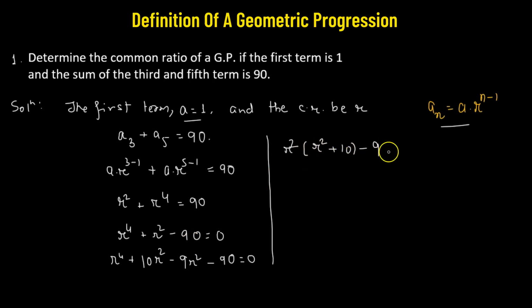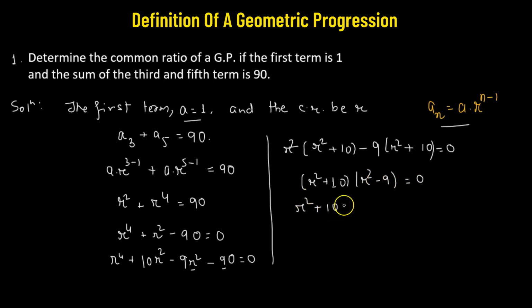Then we take negative 9 as the common factor, combining the third and the fourth term. So this is going to give us negative 9 multiplied by r squared plus 10 equals 0. This is finally going to give us r squared plus 10 multiplied by r squared minus 9 equals 0. So r squared plus 10 cannot be equal to 0.